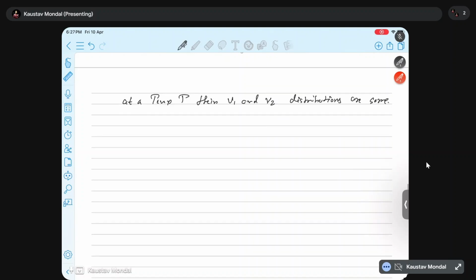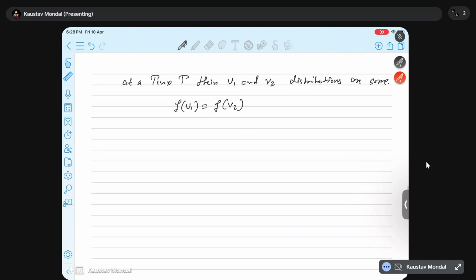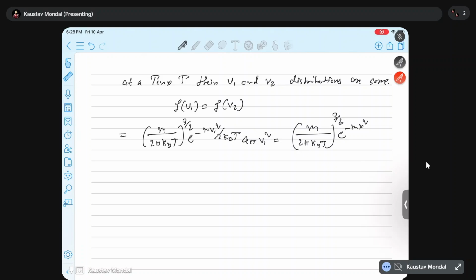That means f(v1) will be equal to f(v2), right? So it will become (m by 2 pi kbT) to the power 3 by 2, e to the power minus m v1 square by 2kbT, 4 pi v1 square, equal to (m by 2 pi kbT) to the power 3 by 2, e to the power minus m v2 square by 2kbT, 4 pi v2 square, right?